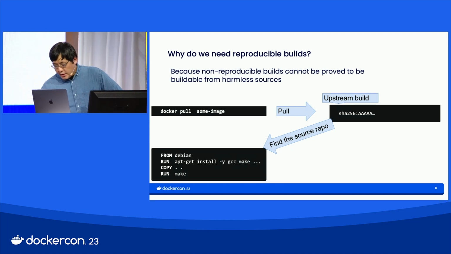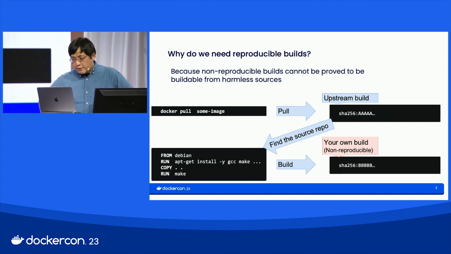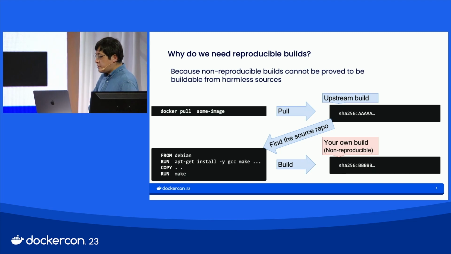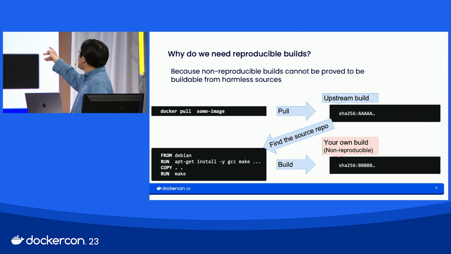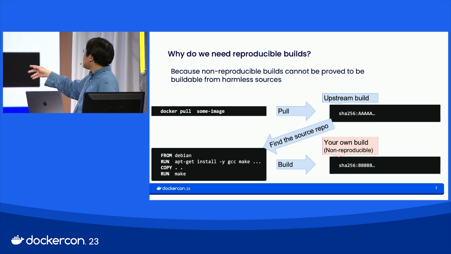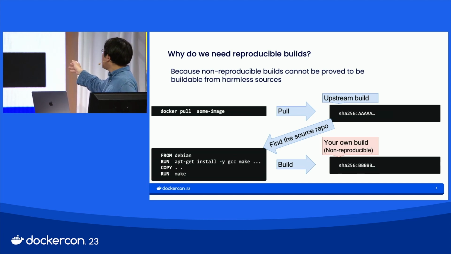Now that you have the Dockerfile, you can build the image by yourself. But if the image is not reproducible, you get a different SHA-256 digest value. In this example, the upstream build has sha256:AAAA, but after you build the Dockerfile by yourself, you get a different digest, sha256:BBBBB.